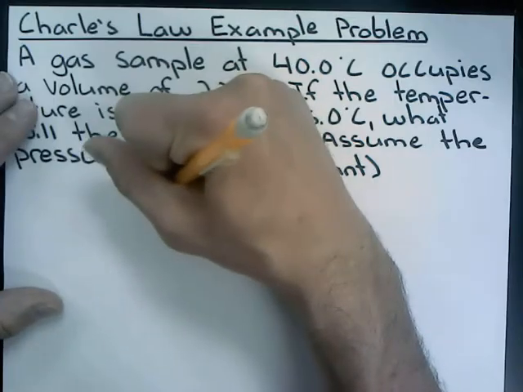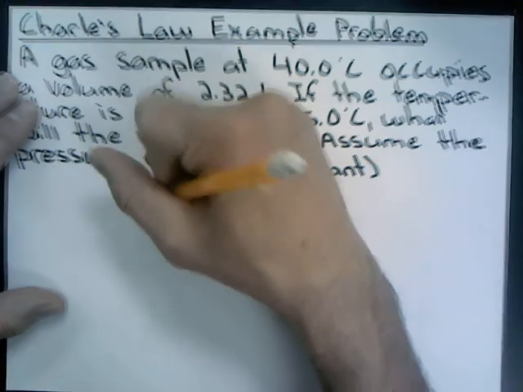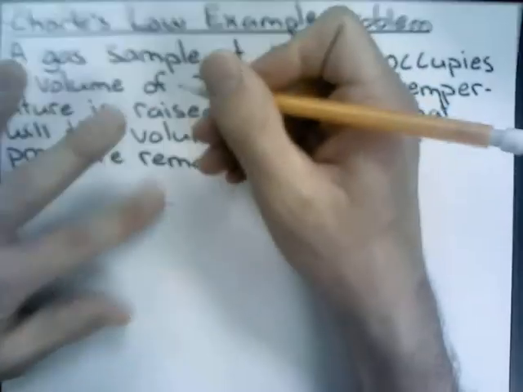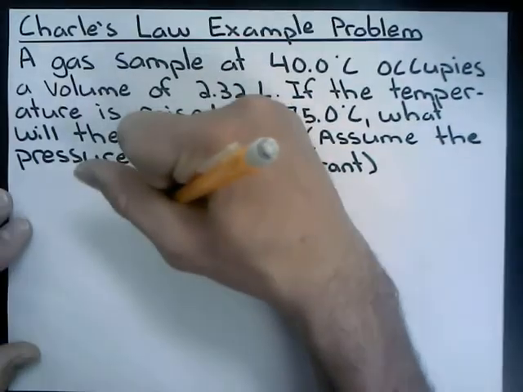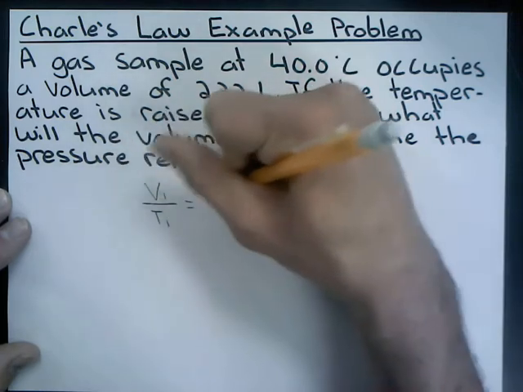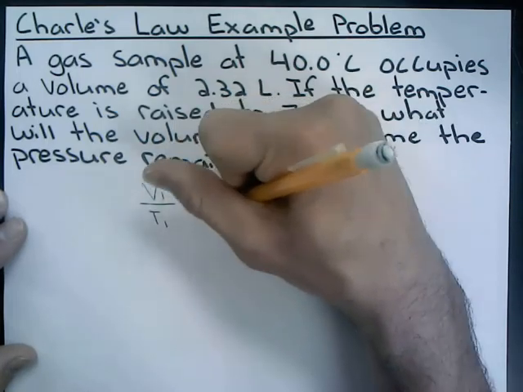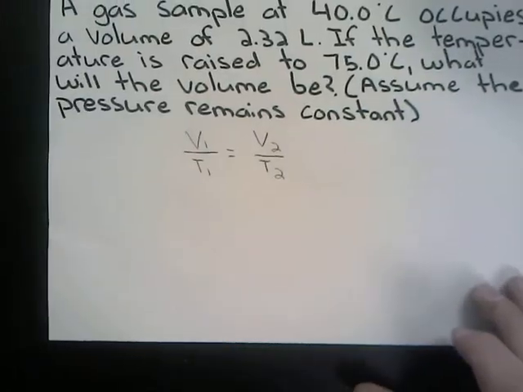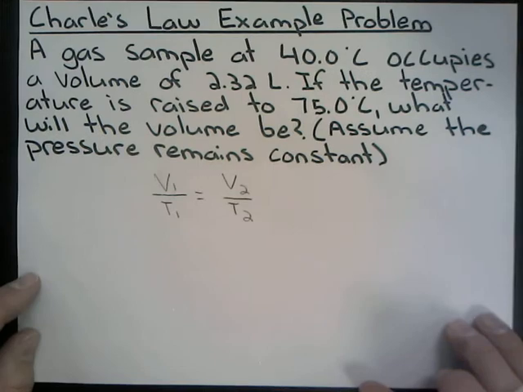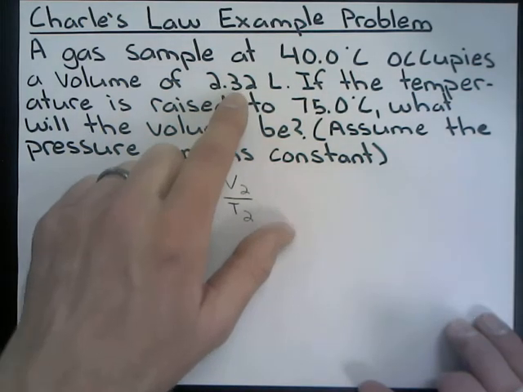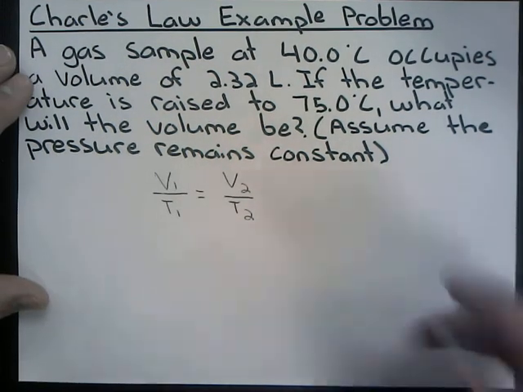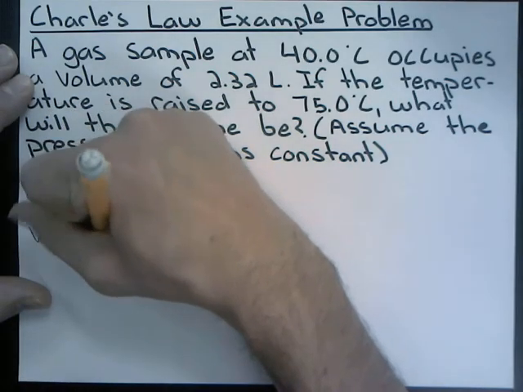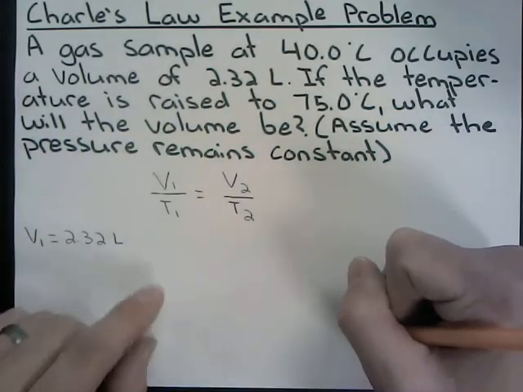Charles' Law says V1 divided by T1 equals V2 divided by T2. Again, volume is up here on top. Now, the volume of this gas was initially 2.32 liters, so this becomes our initial volume of 2.32 liters. And then we go to our first temperature.